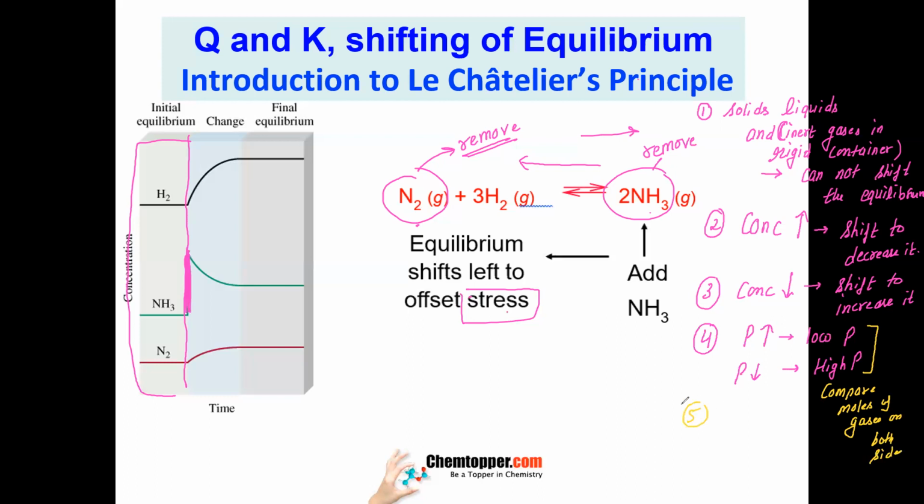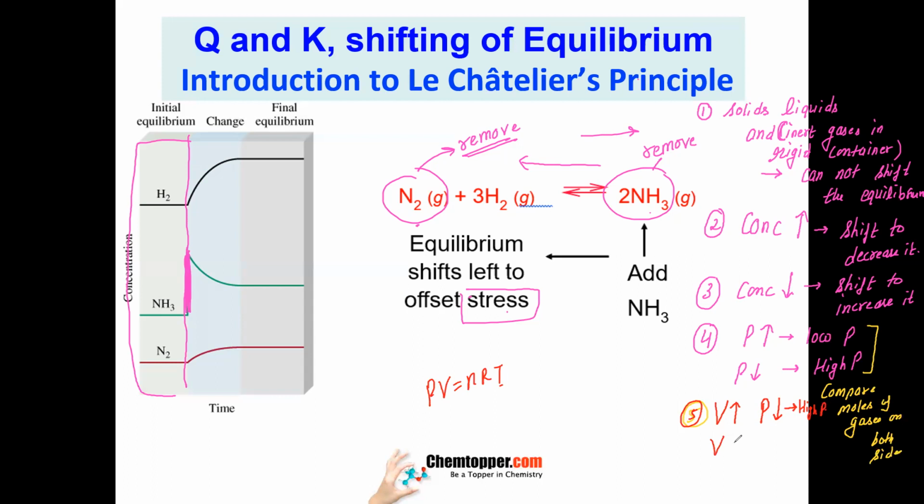Then fifth, volume. But volume we already know is related to pressure. If you increase volume, what happens to pressure, children? Ideal gas law, Boyle's law, PV equals to nRT. Pressure will decrease. If pressure decreases, it will shift in the direction of high pressure. Yeah, fine, good.